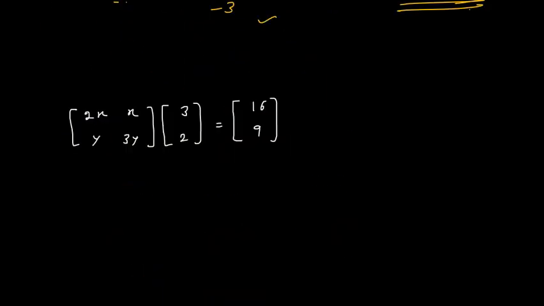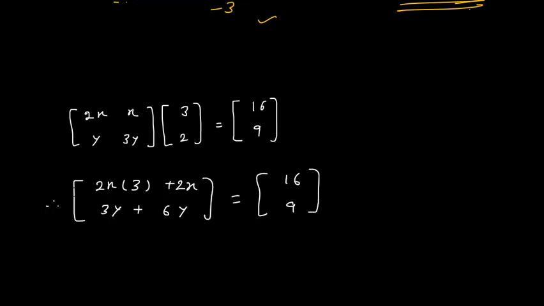Now here we multiply, so it is 2x into 3 plus x into 2, so 2x, then 3 into y, this is 3y, plus 3y into 2, that is 6y, and this is equal to 16 and 9.